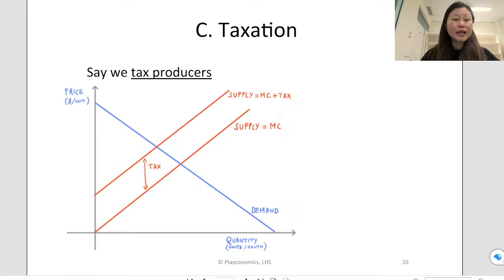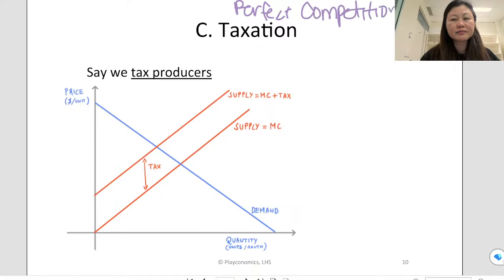Everything we will be talking about here applies to a perfectly competitive market. Okay, please remember that. Perfect competition. Now, we started off with a demand curve and a supply curve.